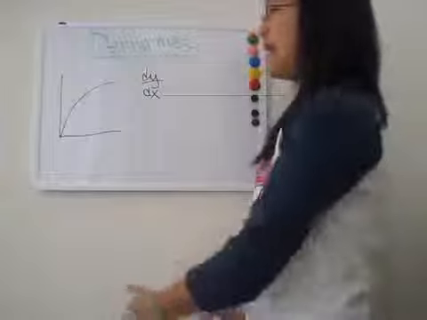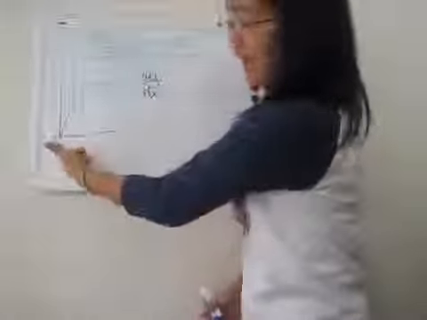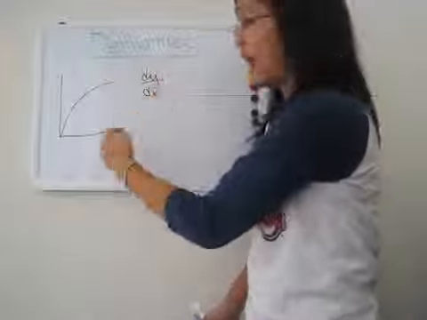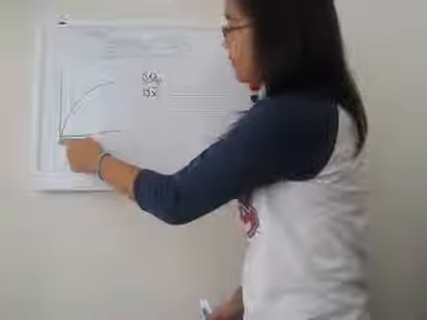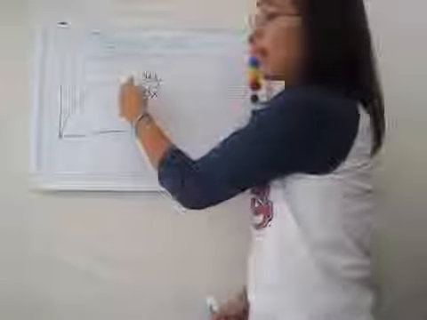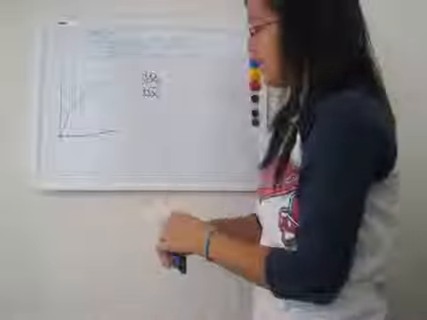For example, if we have a graph that looks like this, starting at 0, 0, you can see that it increases, but at a decreasing rate. So it increases really quickly here, and then gradually flattens out a little bit.